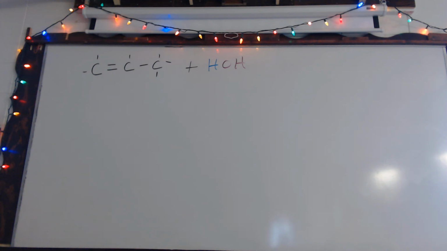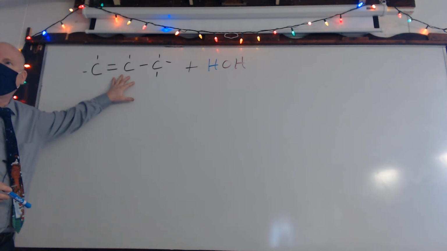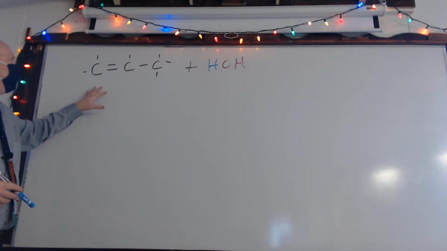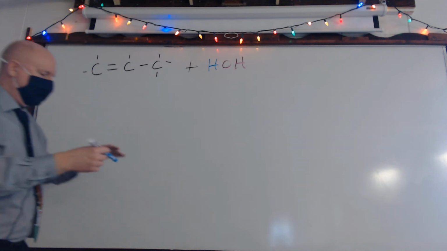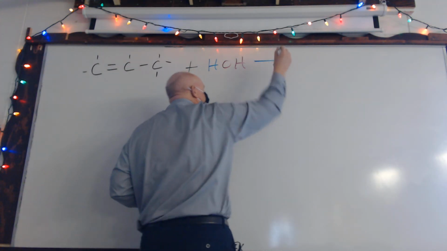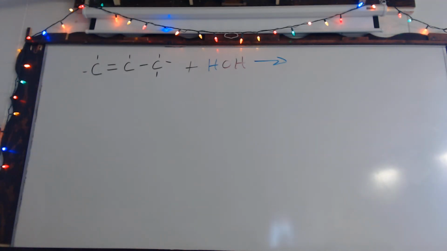It's asymmetrical. What's true about this alkene? Is it symmetrical or asymmetrical? It's asymmetrical. Does this need a catalyst, do you think? And again, we continually ask this to refresh our memory before the end of the month gets here.